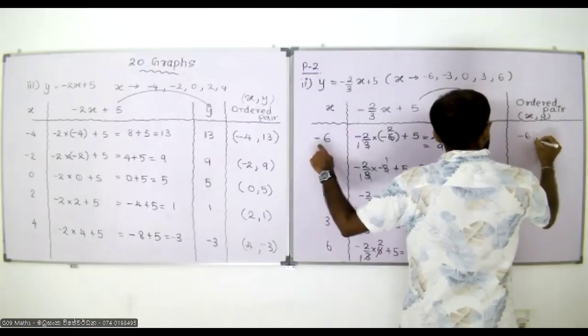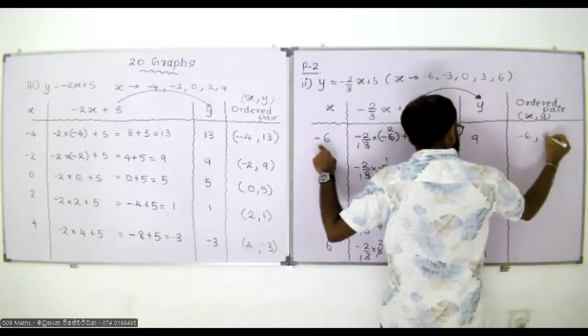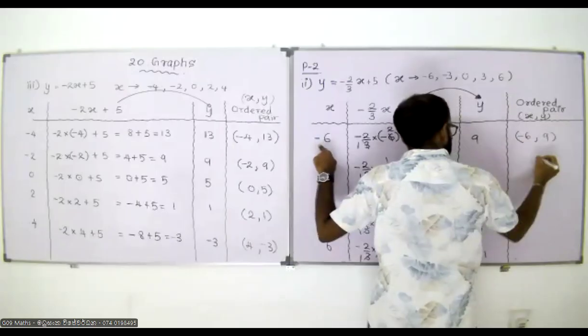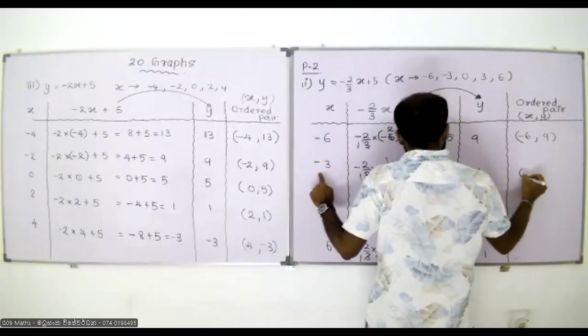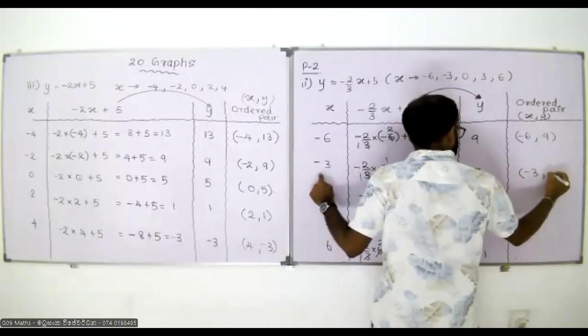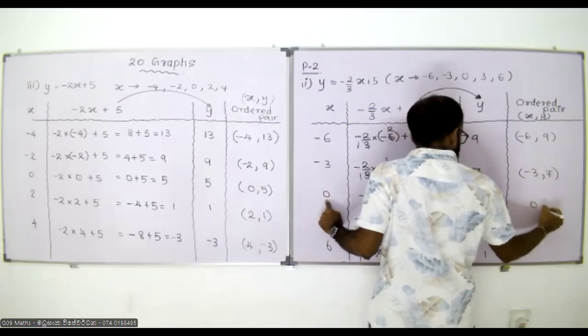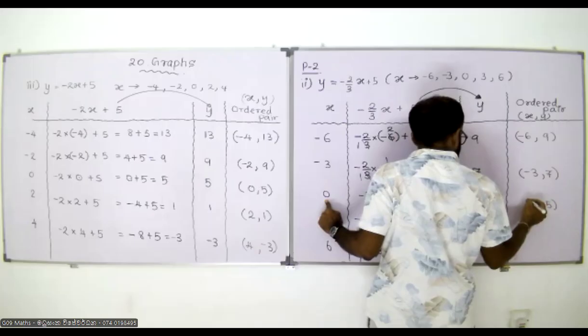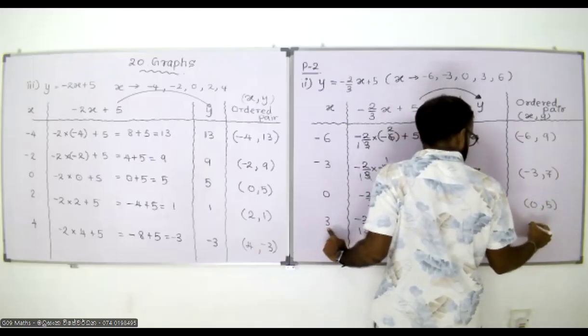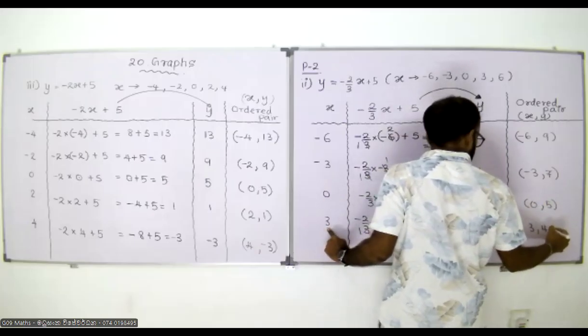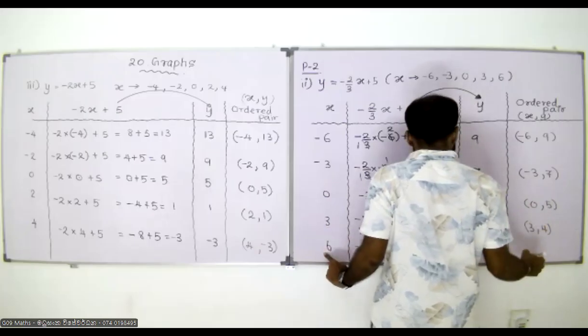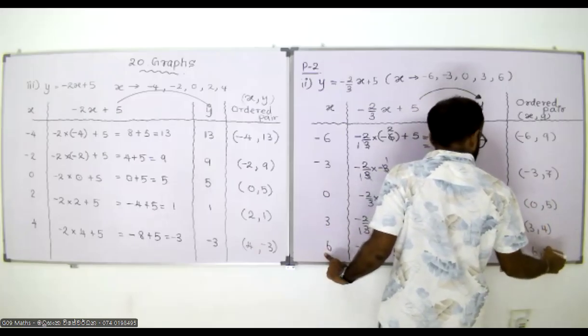So, ordered pairs: -6, comma, positive 9. -3, comma, positive 7. 0, comma, 5. 3, comma, 4. 6, comma, 1.